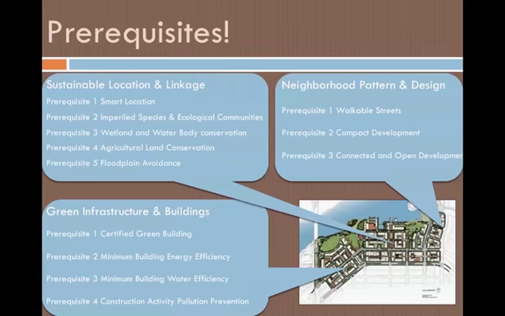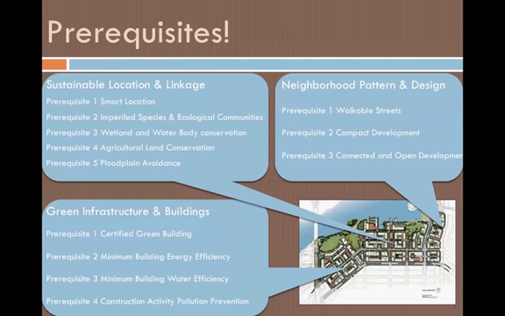These are the conditions that must be met in order to be considered for certification. The first round of prerequisites appear in the Smart Location and Linkage chapter and are designed to guide the selection of the physical site. They include smart location, imperiled species, wetland conservation, agricultural land, and floodplain avoidance, which leads us to neighborhood pattern and design category, of which there are only three.